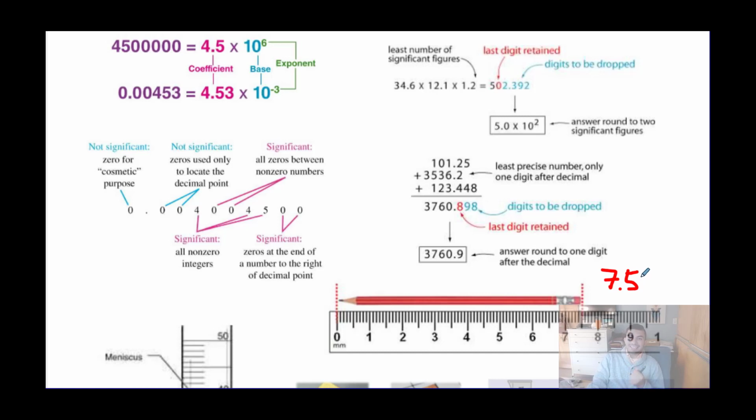But then the last digit, right, we can always measure or guess one place beyond. So we can guess maybe 7.51 or 7.52, or we can guess 7.59 if we really wanted to. The last digit in any measurement is the uncertain digit. And all of the certain digits that we know for sure, plus the uncertain one, are known as significant figures.